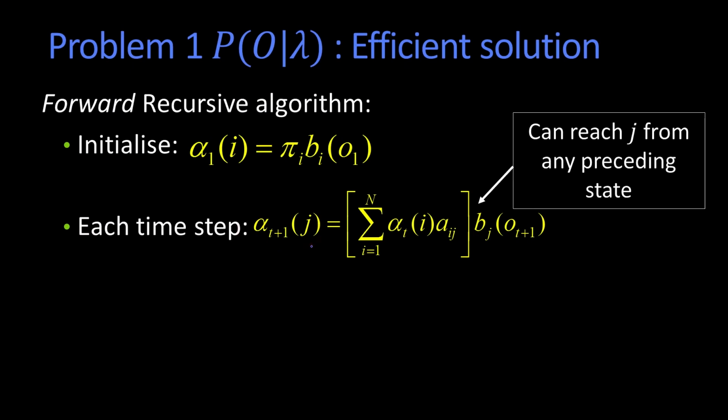What this says is that alpha of t plus 1 of j, so that's the probability at time t plus 1 of being in state j and having seen all the 1 to t plus 1 observations, is just, as I said before, the sum over all the different possible states, right?